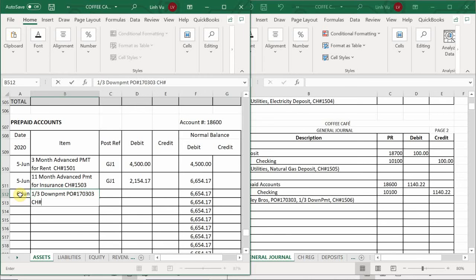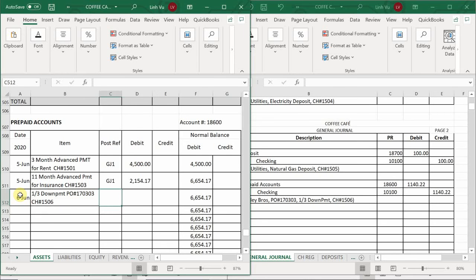And lastly, I'm going to say that I wrote check number 1506. General journal number 2. This time I debited my account for the $11.40 and 22 cents.